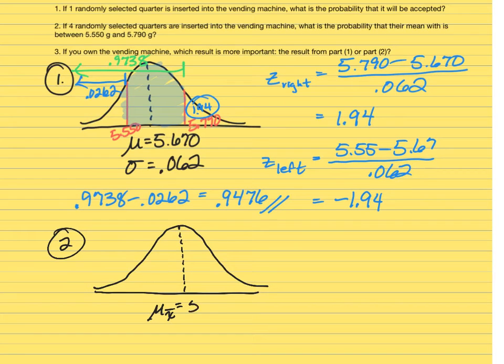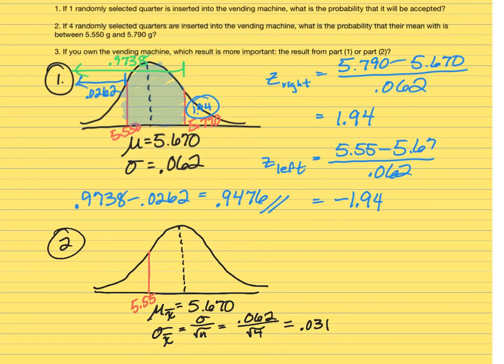So the mean of the means is still 5.670. The standard deviation of the means, or standard error, is sigma over square root of n, which is 0.062 over square root of 4. 0.062 divided by 2 is 0.031.